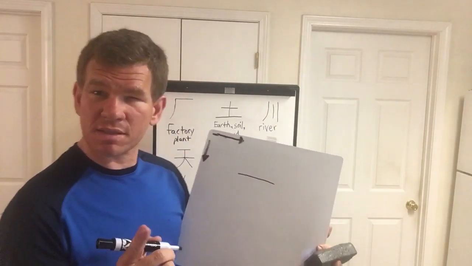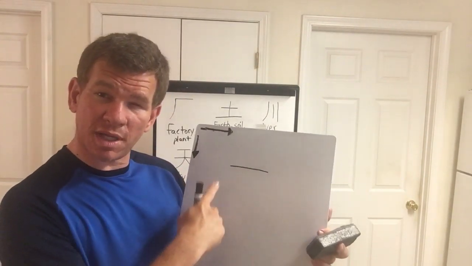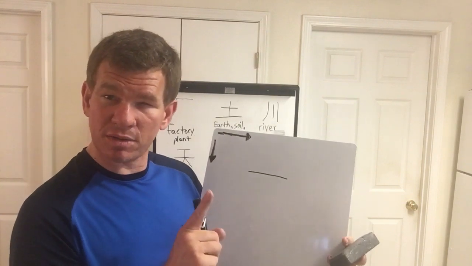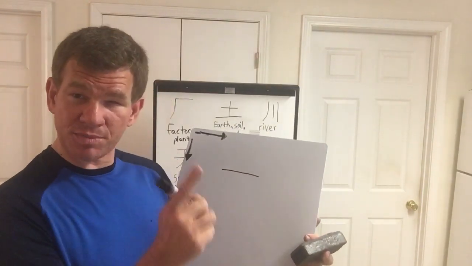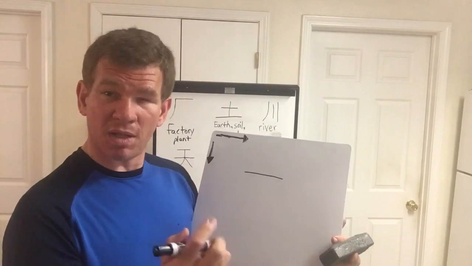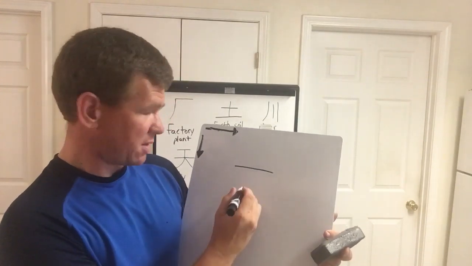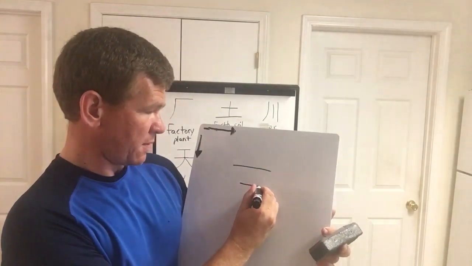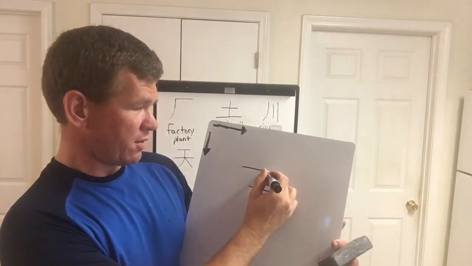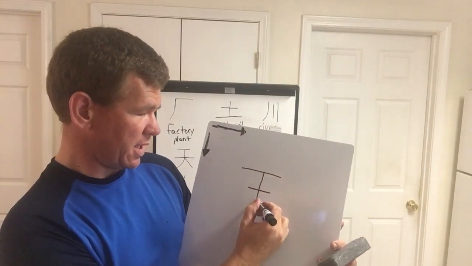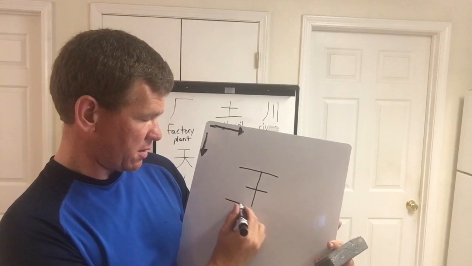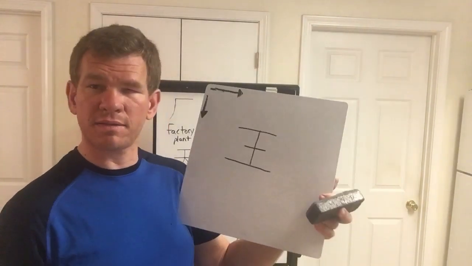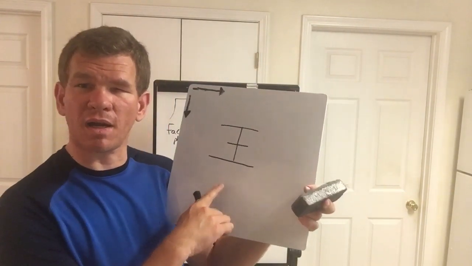In some fonts, the top one, the first stroke and the third stroke are equal. That's fine, you can do that. But as long as you make the second stroke smaller. The second stroke is definitely the smallest. But now you gotta do the vertical line. And you end with the horizontal line. This is king or monarch.